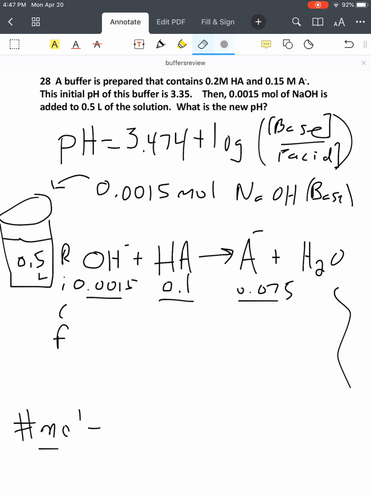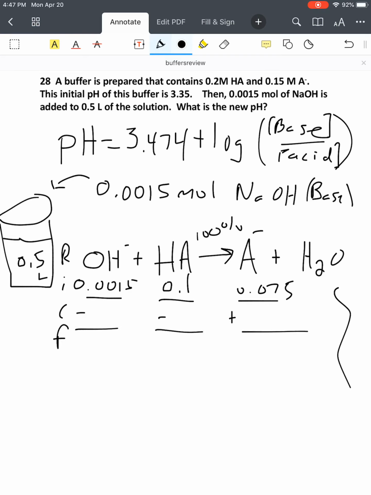Now I got to predict my chemical change. Which direction will the reaction shift? Well, if we're taking a strong base and reacting with the weak acid, we're going to go as far to the right as we possibly can. 100% to the right. So we're going to use up some HA, we're going to use up some OH minus, and we're going to make some of this. But of course the key point here is how much of each we make.